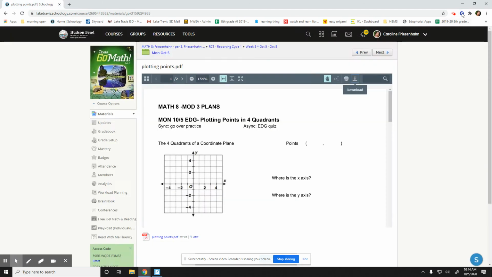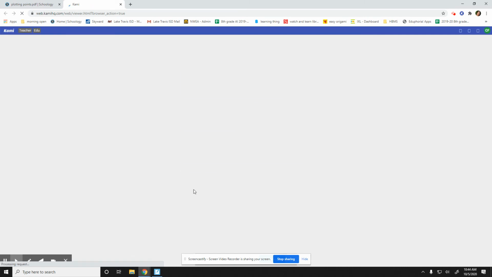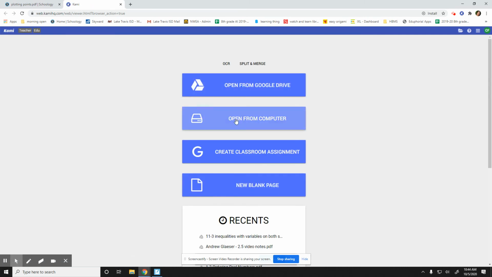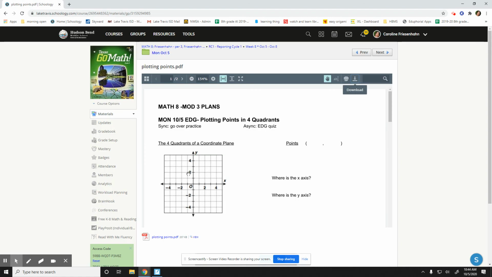You might have to upload it, so open from computer. If you have a Chromebook, you can download it to your Google Drive and then open it through Google Drive. That works too, okay?